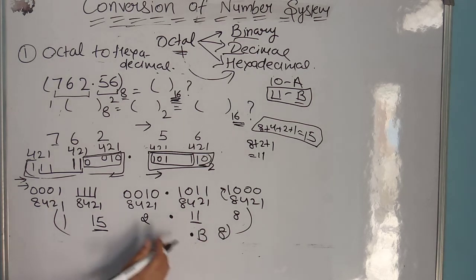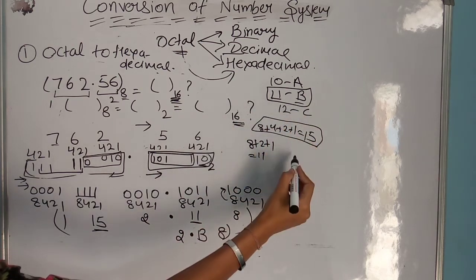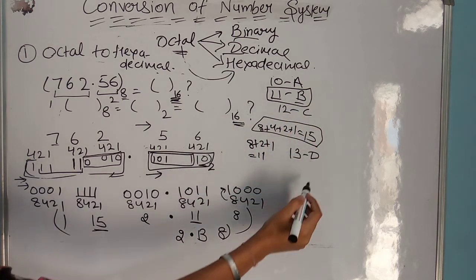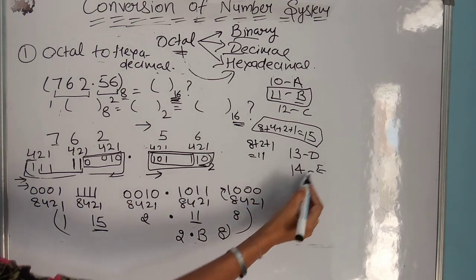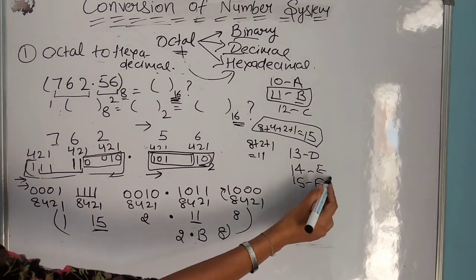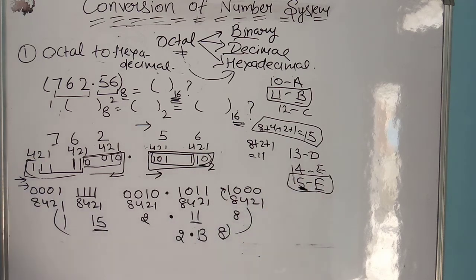Insert the point here. 2 stays as it is, because 2 is smaller than 9. For 12 we use C, 13 is D, 14 is E, and 15 is F. So at the position of 15 we replace it with F. The next is 1, which is smaller than 9, so no problem.